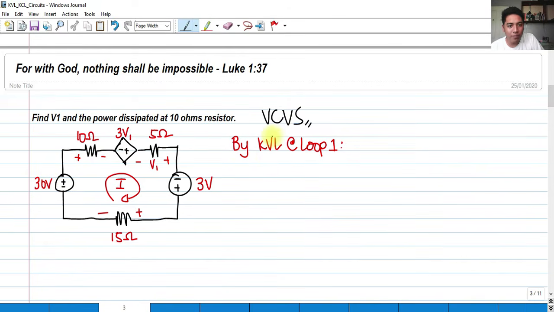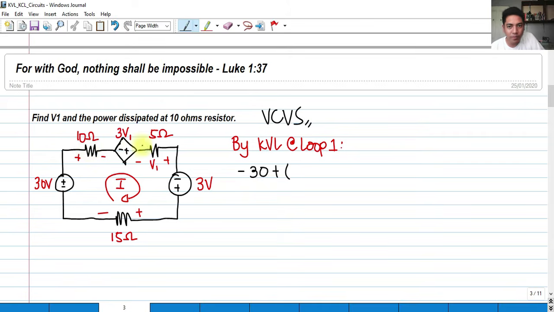We start here, it enters the negative side, so that's negative 30. Then it enters the 10 ohm resistor. Remember that this 10 ohm is not the voltage drop, it's the resistance. It enters the positive sign of the resistor, but we don't know the voltage drop here.